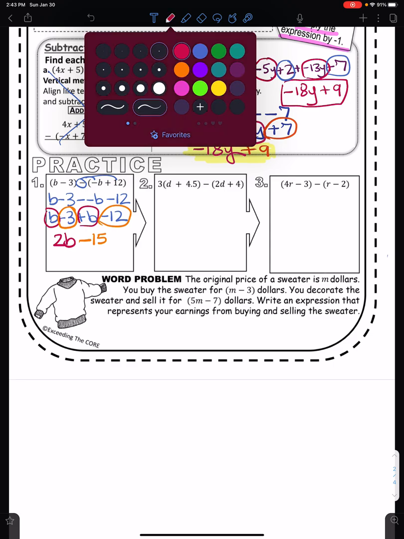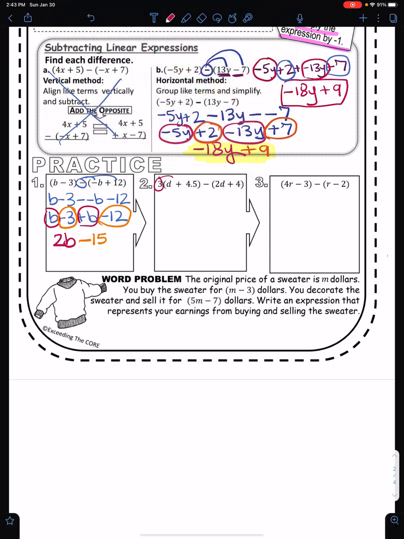The next one has some distributing that we need to do first in this first one. So we're going to make it 3d plus, what's 3 times 4.5? I am going to use my calculator for that. It is 13.5. And then I'm going to subtract 2d and subtract 4.